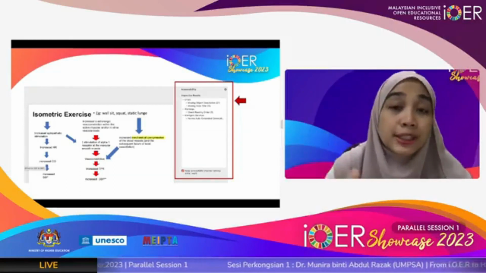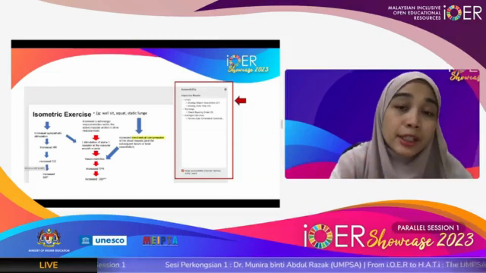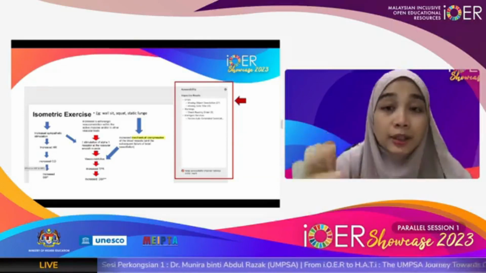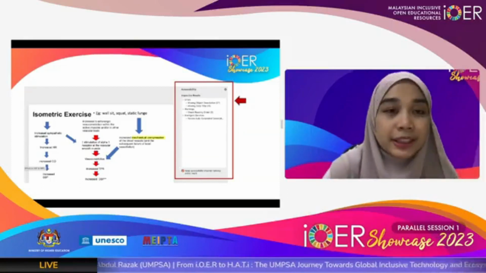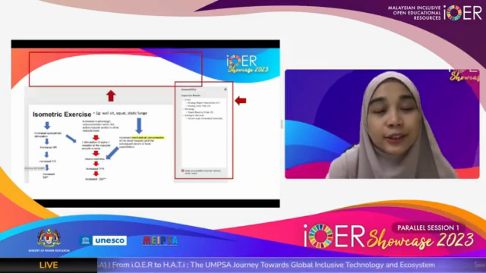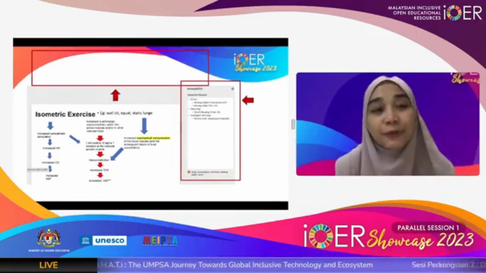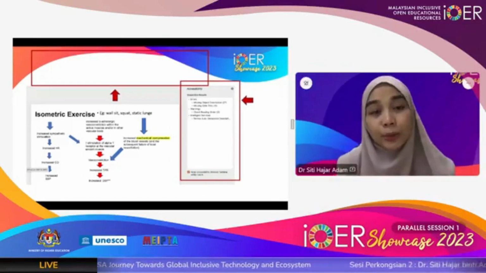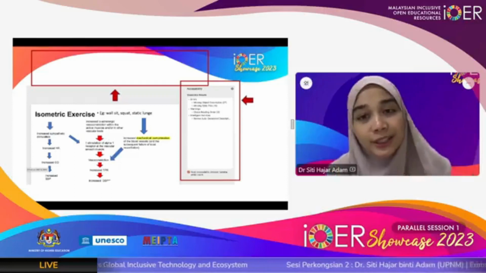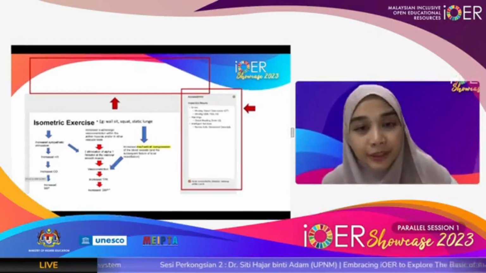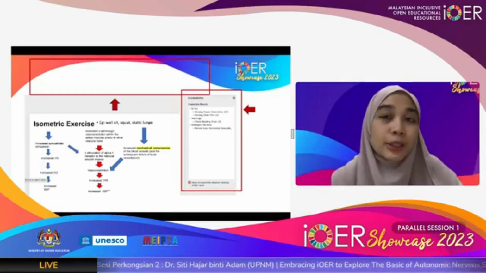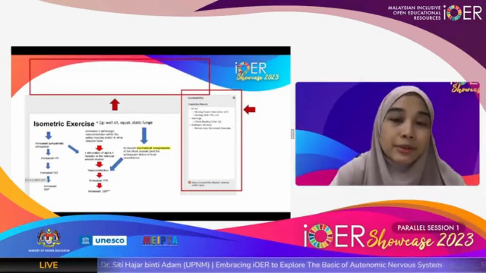So this is an example of a PowerPoint presentation where we didn't correct all the accessibility issues. In fact, for this presentation, I purposely didn't put any slide title so that you can see the difficulty: we don't know what I'm going to talk about if there is no slide title. So all of this has to be inspected before we finalize our PPT or iOER material.